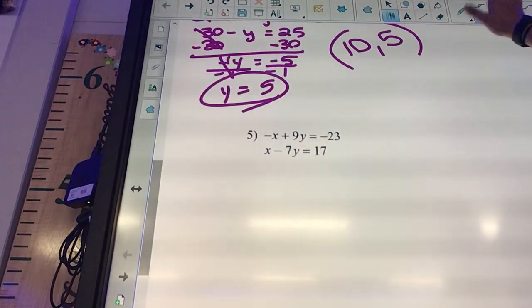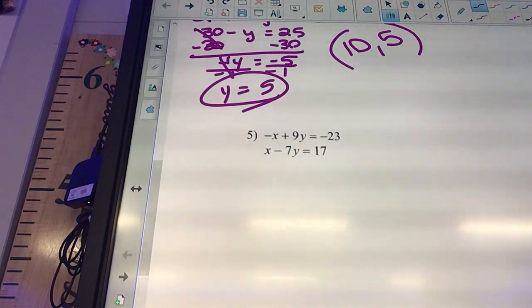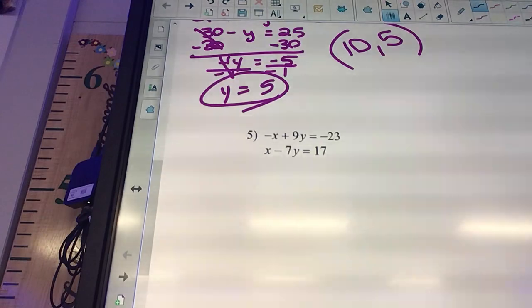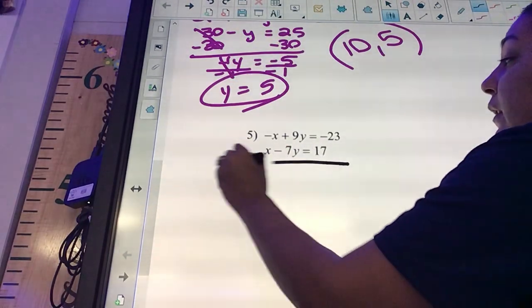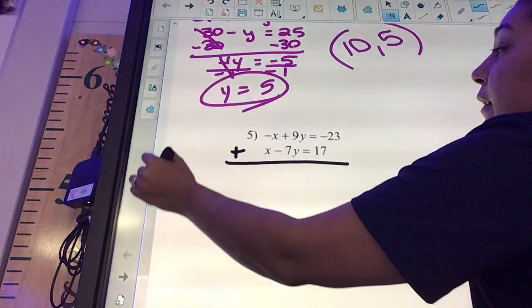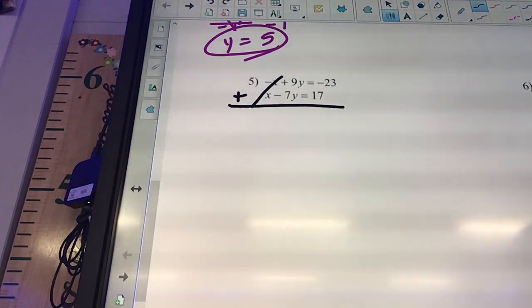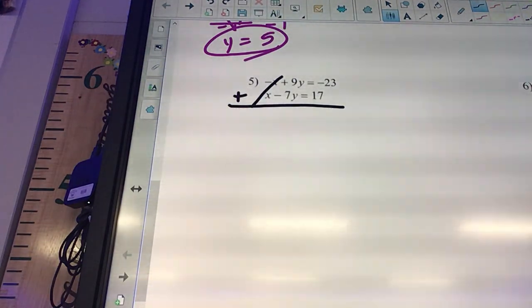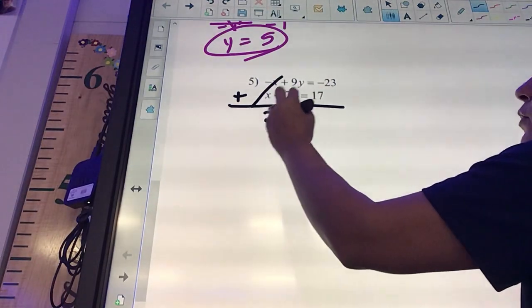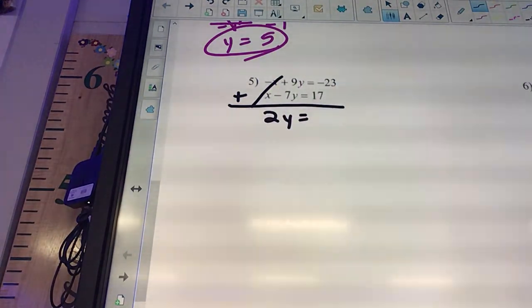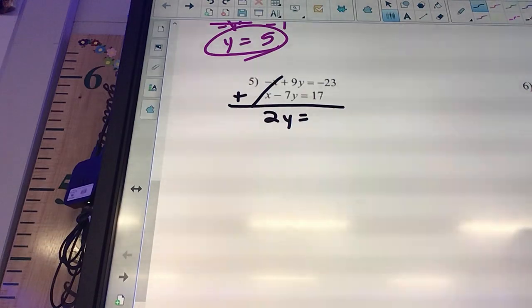Okay, 5. What can we cancel? The x's. Okay? So we can add these together, and our x's are going to cancel. 9 plus -7. Huh? 2y equals -23 plus 17.